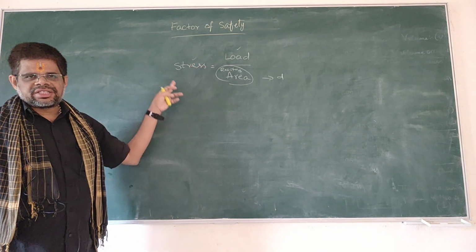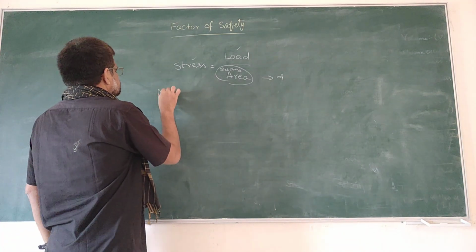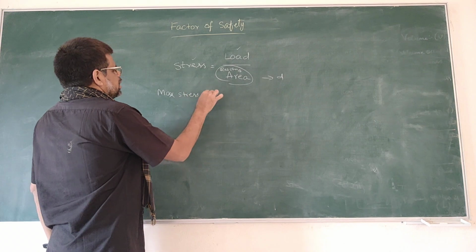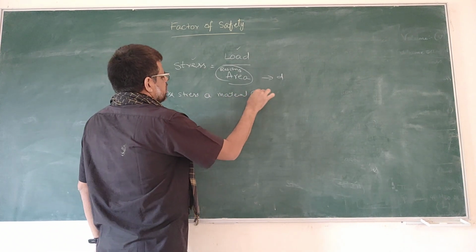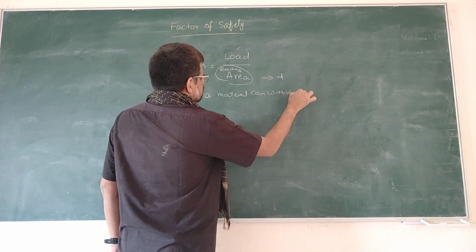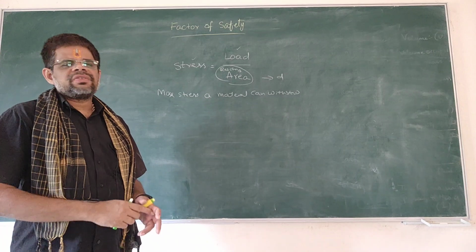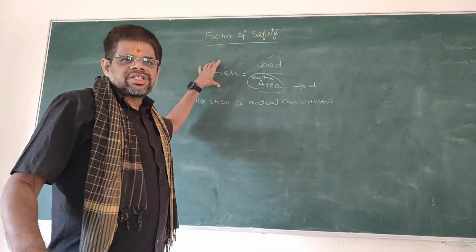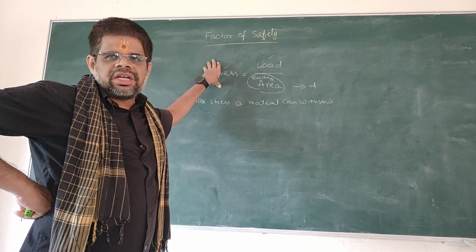This value of stress is the maximum stress a material can withstand. So that is called the ultimate. So here the stress means it is the maximum stress a material can withstand.